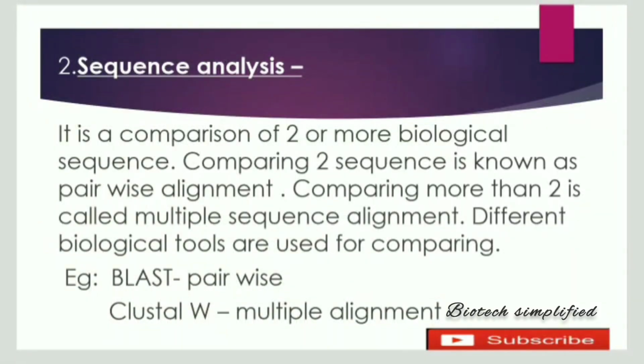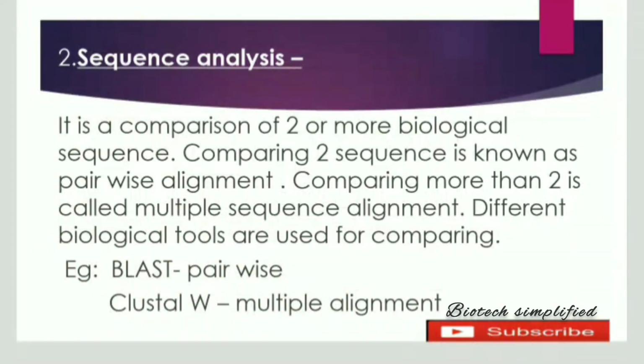Now let us discuss the second application of bioinformatics, which is sequence analysis. This means that it is the comparison of biological sequences. If the comparison is between two sequences, it is known as pairwise alignment.